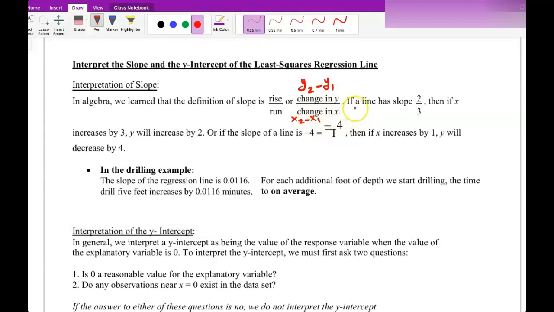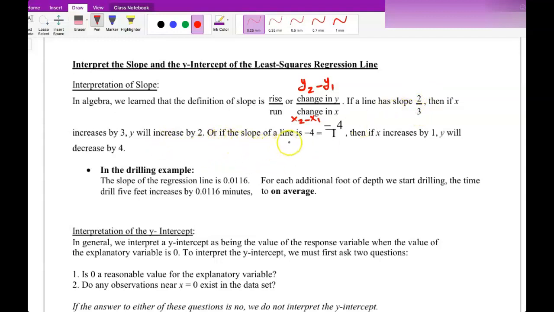If a line has a slope of 2 over 3, that means if x increases by 3, because in the denominator we have the change in x, y will increase by positive 2, because both of these are positive numbers. That's why we have increasing.